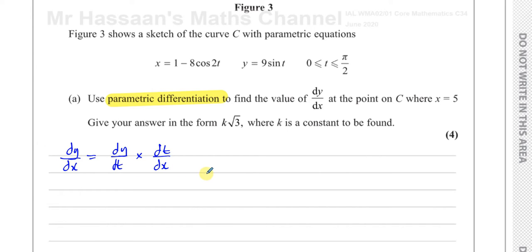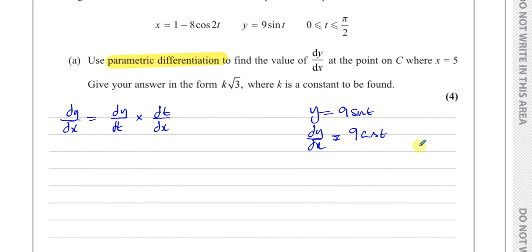The dt's cancel out. Now we know that y is equal to 9 times sine t. That's pretty simple to differentiate. The differential of sine of something is cosine of the same thing, so dy dt is 9 times cosine of t.